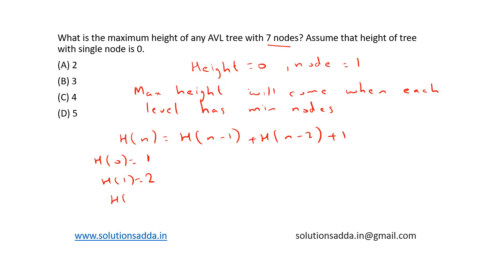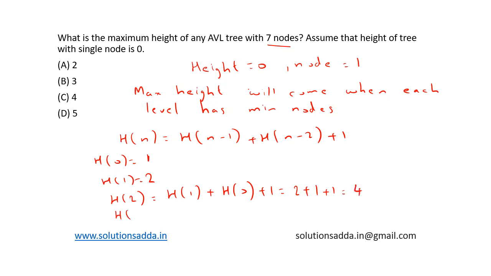Now let's calculate N(2). That is, with height 2, how many minimum nodes will there be? That is N(1) + N(0) + 1, which is equal to 2 plus 1 plus 1, which is equal to 4.